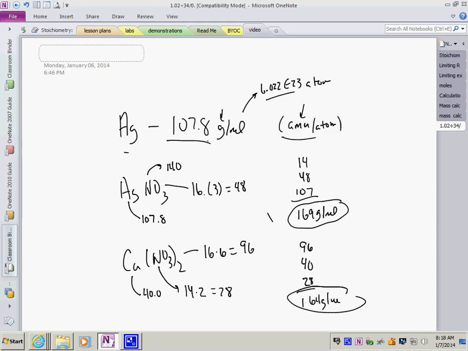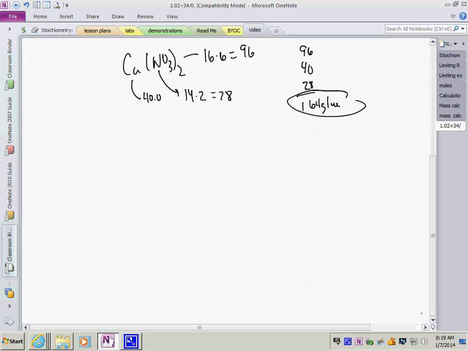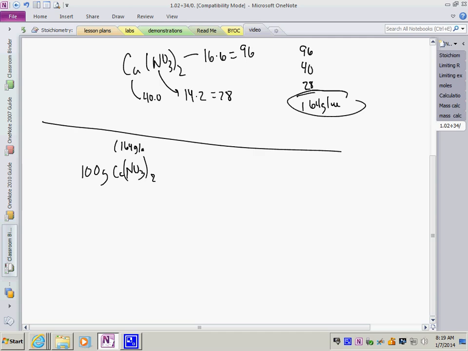Okay. Now, when you're doing your calculations of these things, you're either going to be multiplying by molar mass or dividing by molar mass. It's important to understand that if I have, let's just say, 100 grams of calcium nitrate, you should immediately be looking up to the periodic table and asking, what's the molar mass? The molar mass of this thing is 164 grams per mole.